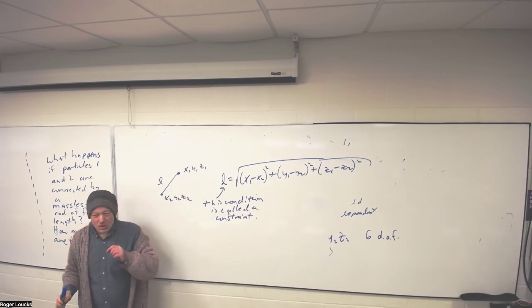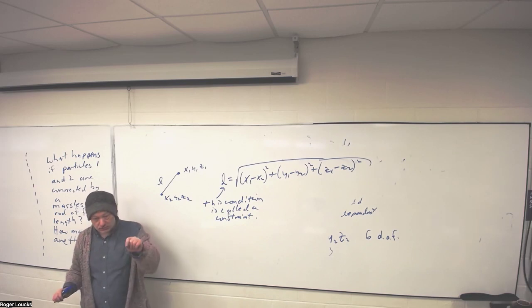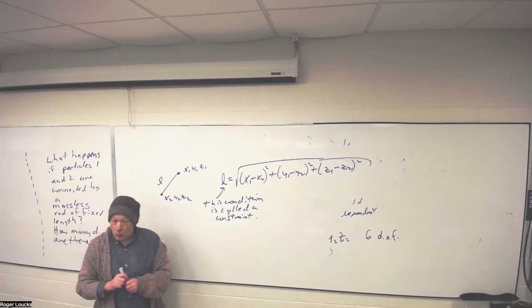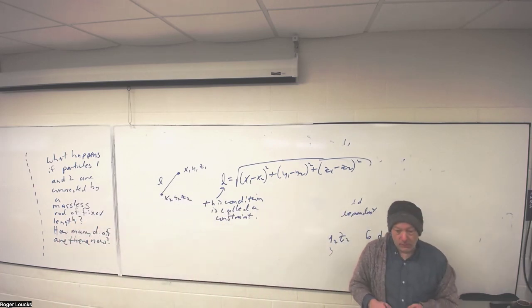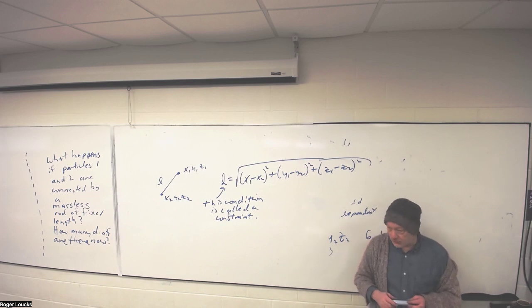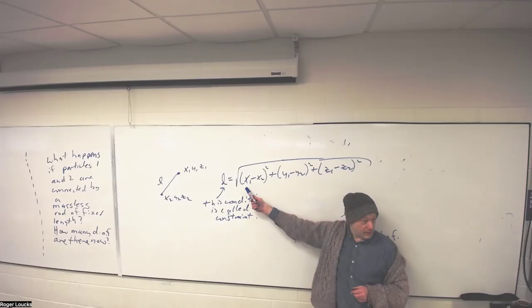So what did we say is the definition of a degree of freedom? It's the number of independent motions. If we now have one constraint, how many degrees of freedom would we have? Now it goes down to 5. How come? I can know x1, that's perfectly fine.